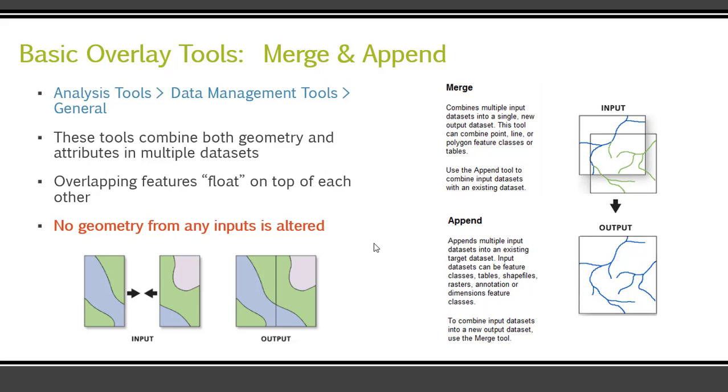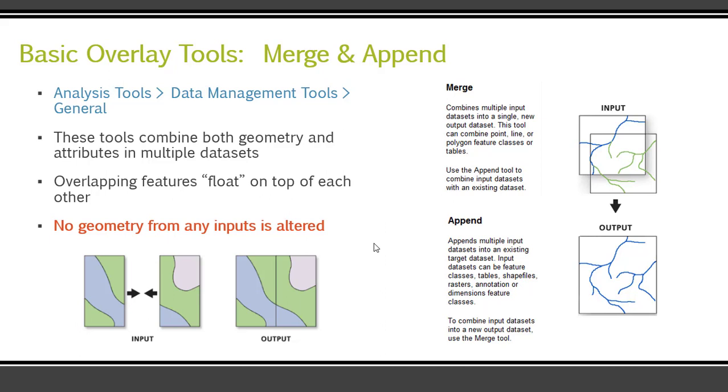Both of these tools make the assumption, geometry-wise, that you have no overlaps or no big gaps between them. So both of these screenshots show you combining, merging, appending two data sets that are either seamlessly next to each other in spatial location or have additional features that you'd like to add into an existing data set, but they nicely line up.